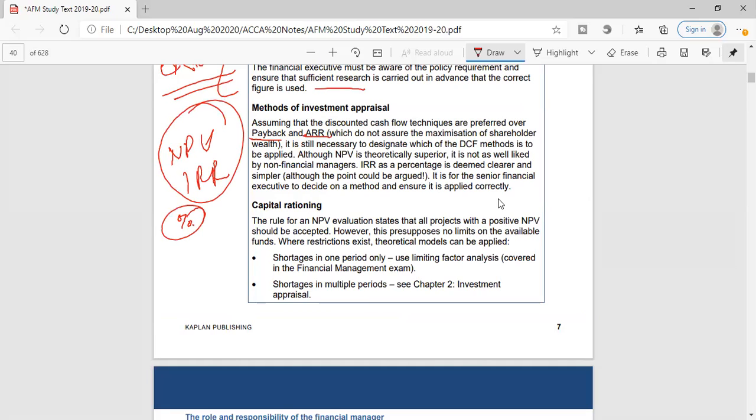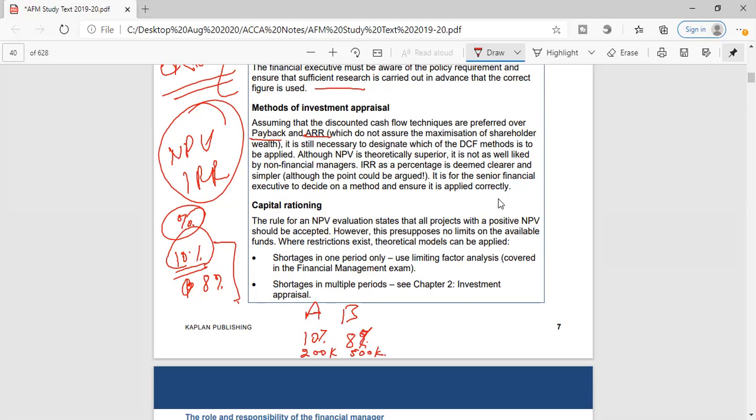Okay, if you get a return of say 10% versus say 8% between two projects, right? It seems that 10% is superior, but may not be really, because project A, which is giving 10% and B giving you 8% only, but project A is earning ultimately 200K, whereas project B is earning 500K.